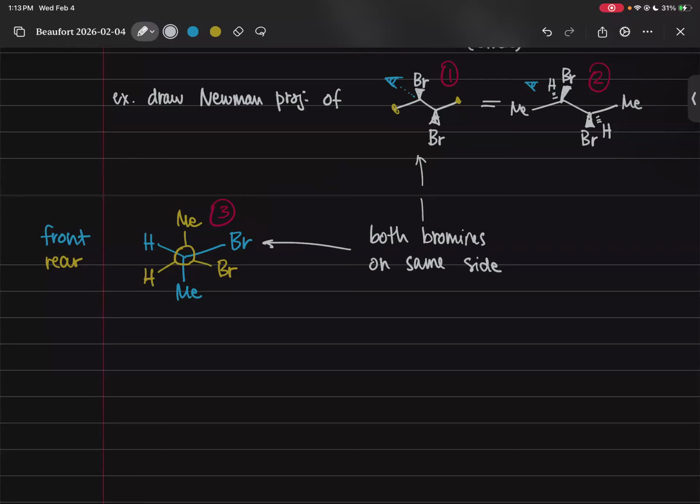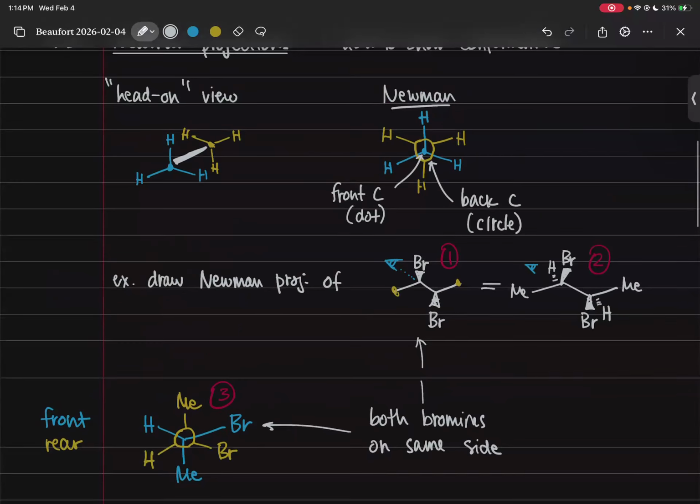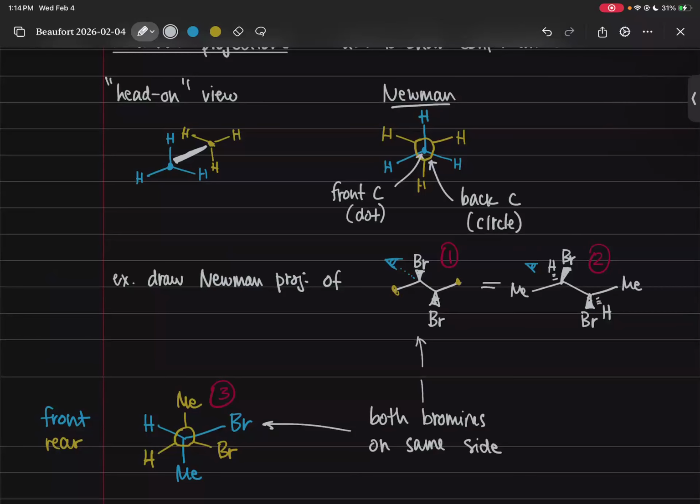Questions on drawing Newman projections? Are you going to give us that very first thing that said both the bromines were pulled forward? Or am I supposed to know that both of those bromines are big? Yeah, so what tells you that they're coming forward is the fact that they're on wedges. But you're going to give us the wedges?